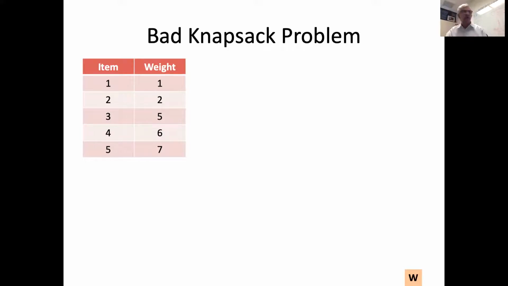Okay. So my first step is to go back to my knapsack approach, my knapsack problem. And instead of just looking at them as a bunch of items, I'm going to look at them as items of increasing weight. By the way, this time I don't have value. This is just weight.